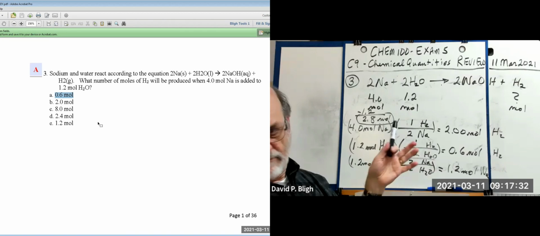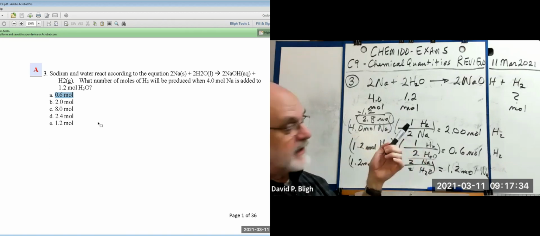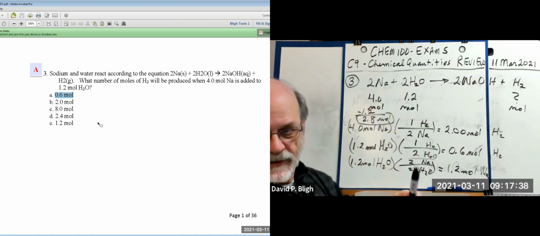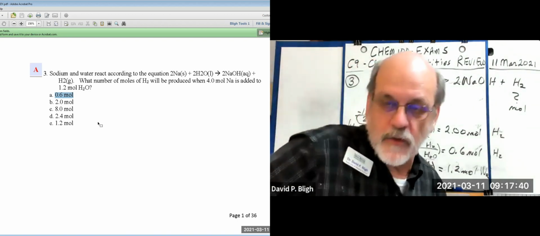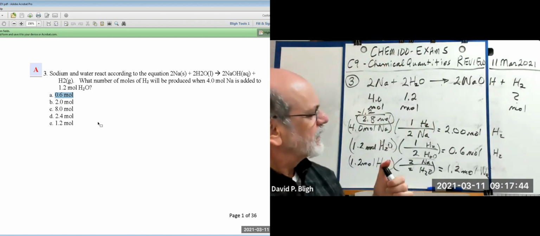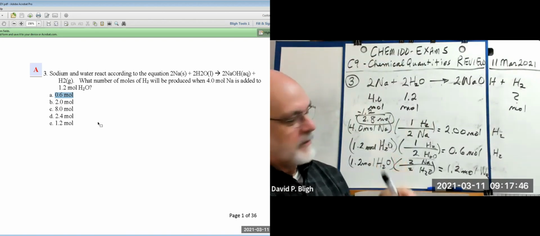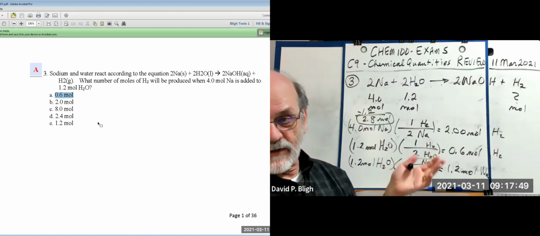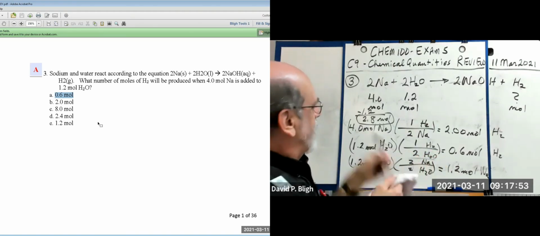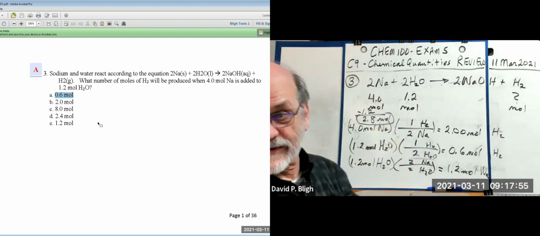So, just as a side, this is an extremely exothermic reaction. Sodium, you throw sodium into water, take a big chunk of sodium and throw it in your neighbor's swimming pool, it'll explode. And may even, if the chunk is big enough, it may even crack their pool. All right. In that case, water's excess, right?